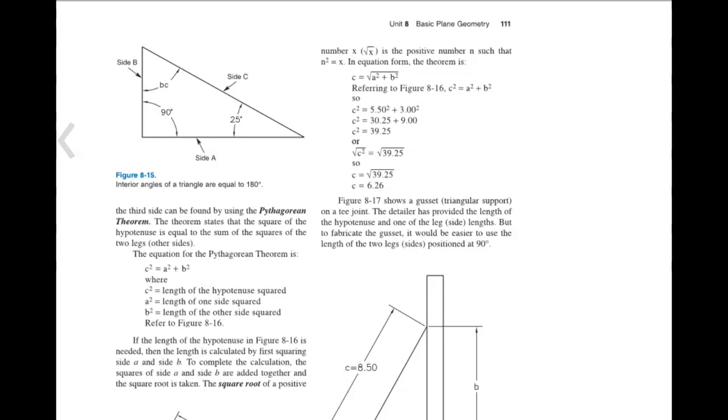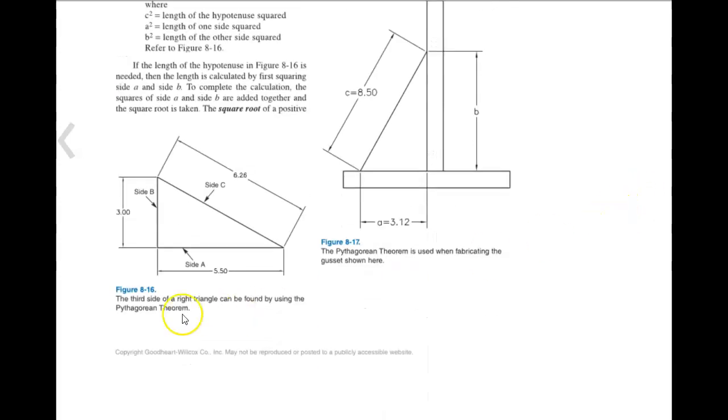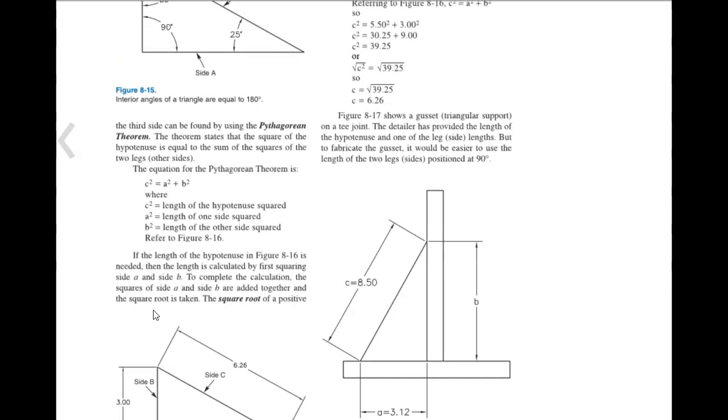Refer to figure 8-16. The third side of a right triangle can be found by using the Pythagorean theorem. If the length of the hypotenuse in 8-16 is needed, then the length is calculated by first squaring side A and side B. To complete the calculation, the squares of side A and B are added together and the square root is taken.